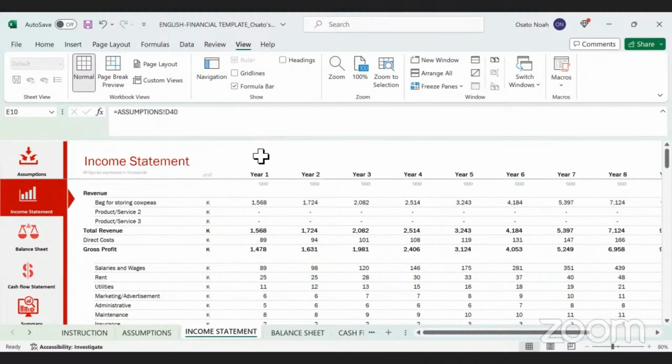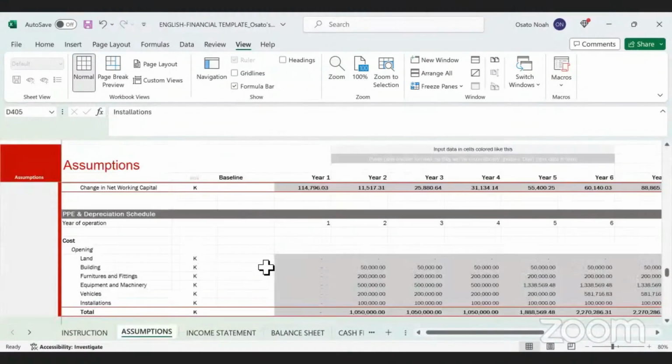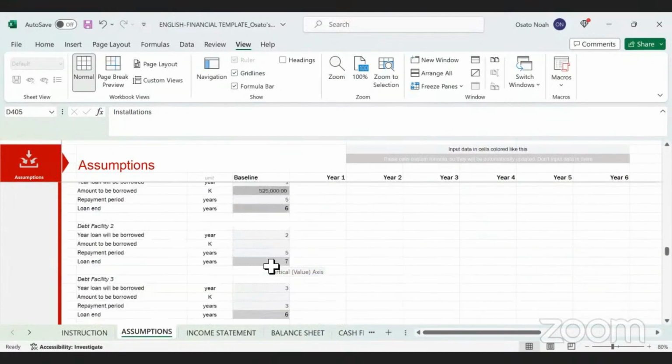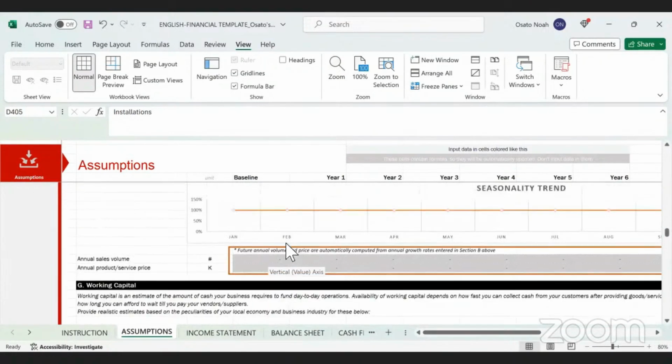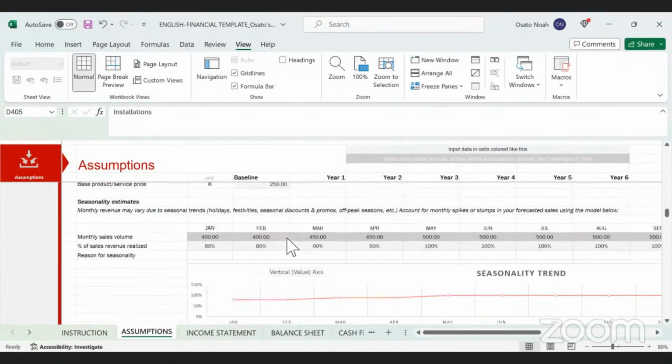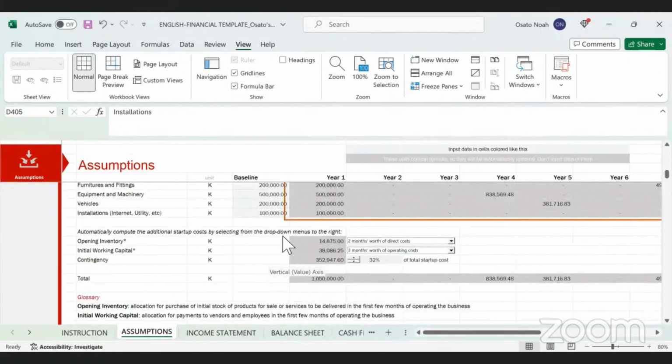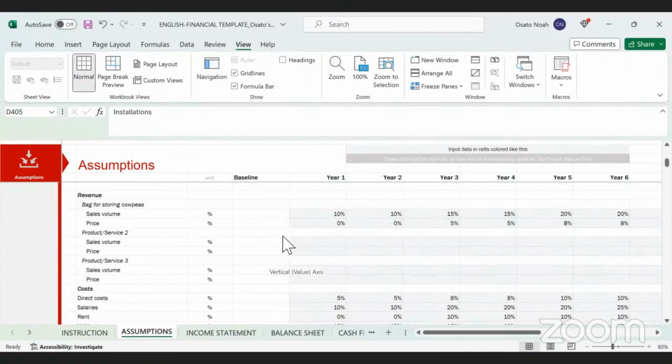So the second question is, how does this financial plan apply to a business running an IT business? Fantastic question. For an IT business, this is also very applicable. Irrespective of the business you're running, you would definitely need to employ staff. You would definitely need to have a startup cost.